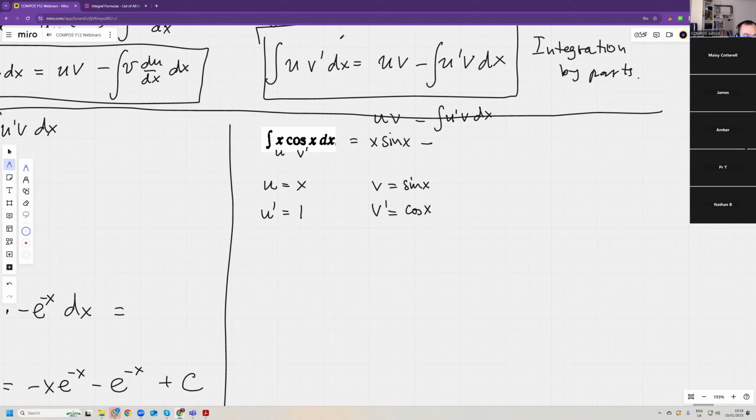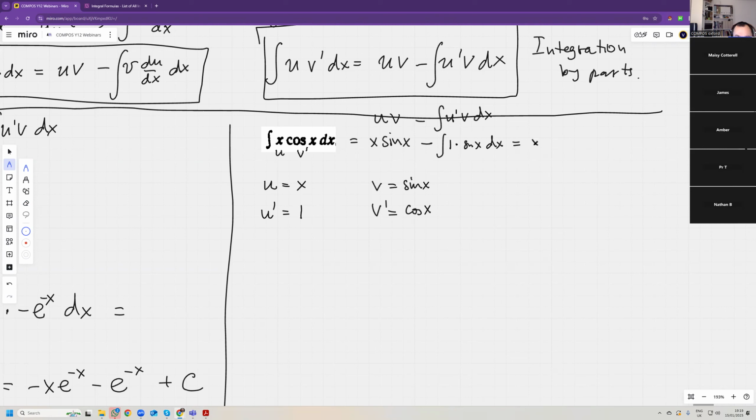Actually, you know what? Sometimes we don't really need to write the dx. Well, we do need to write dx, but we omit them when using the formula. Okay, let's keep it for simplicity. x sine x minus the integral of u dash, so it's 1 multiplied by v, which is sine x dx.